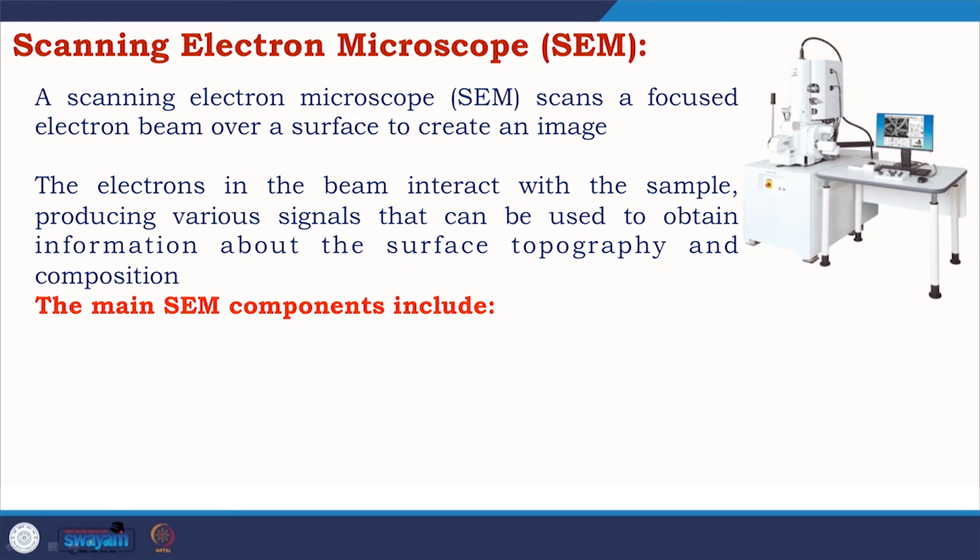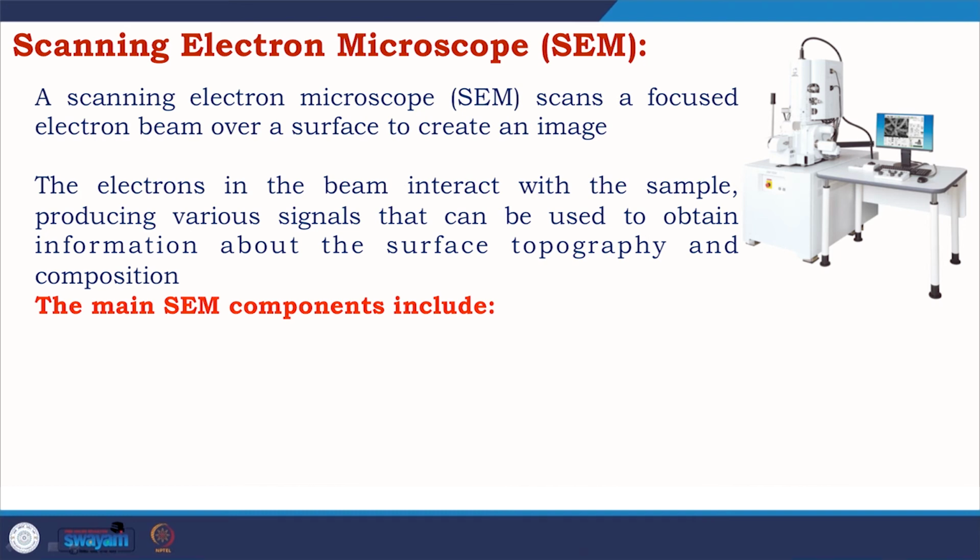This is the picture of the scanning electron microscope. A scanning electron microscope or SEM scans a focused electron beam over a surface to create an image. The electrons in the beam interact with the sample, producing various signals that can be used to obtain information about the surface topography and composition.